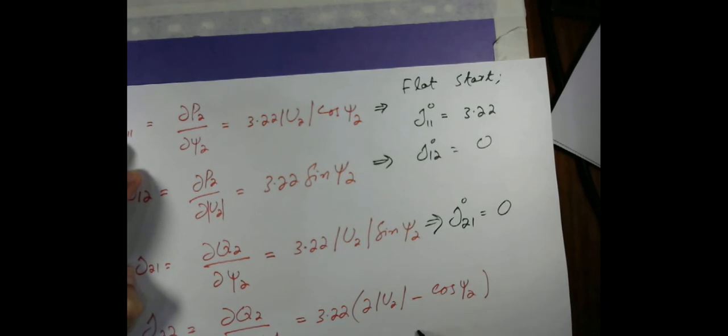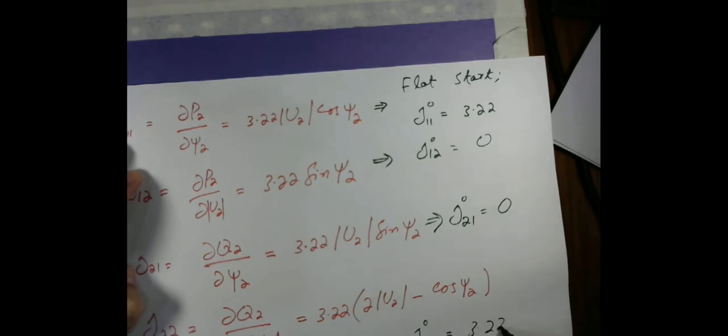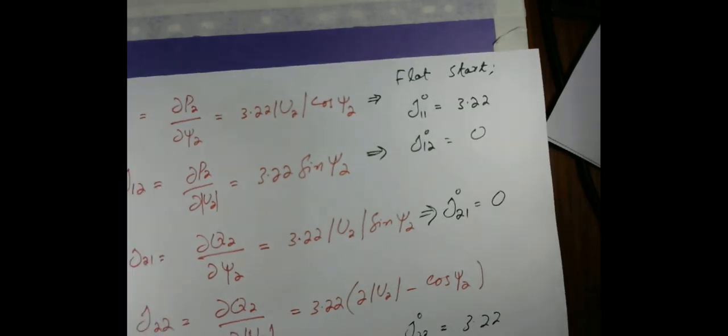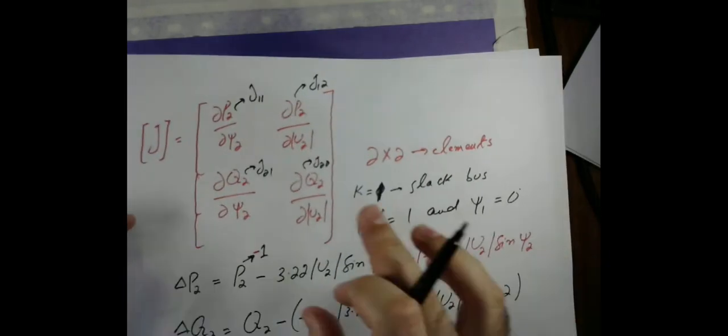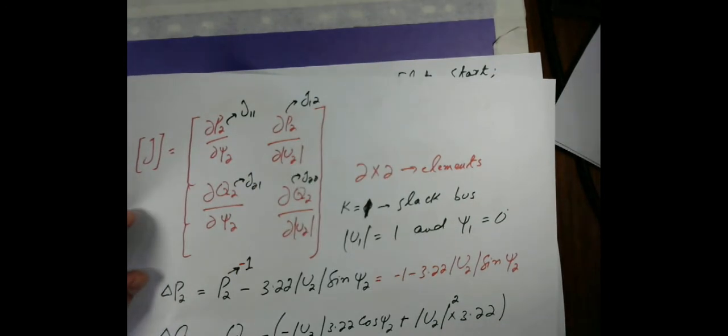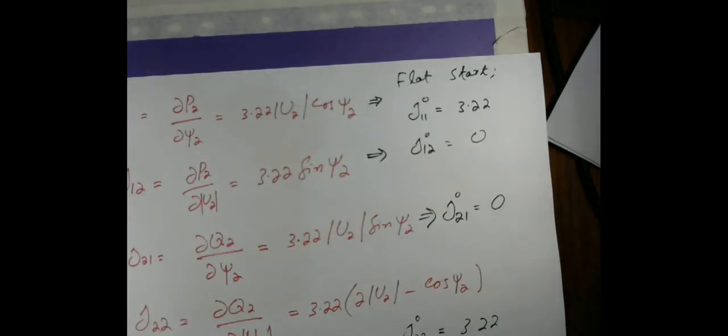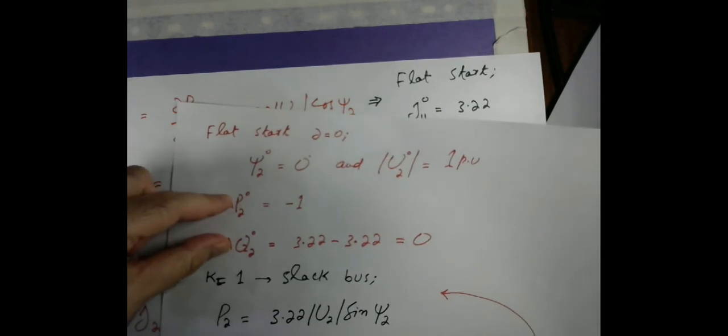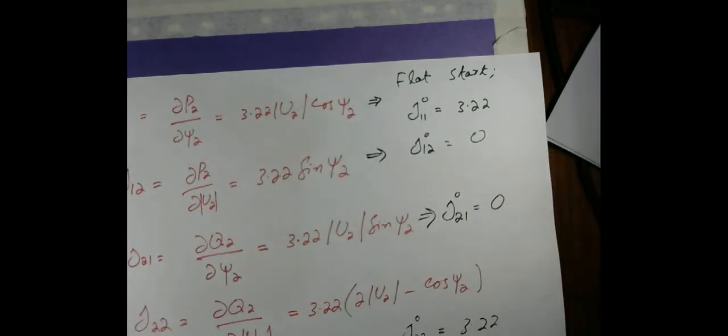So J22 will become 3.22. So now we have determined the 4 entries of the Jacobian matrix. We have also determined the power mismatches. So now, knowing the power mismatch and the elements of the Jacobian matrix, we can now calculate.